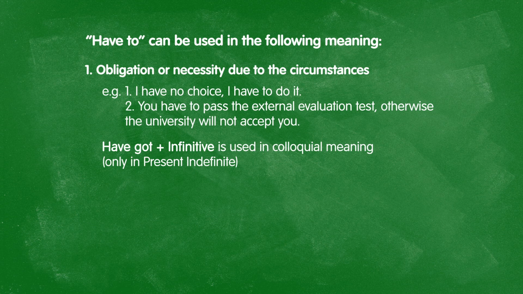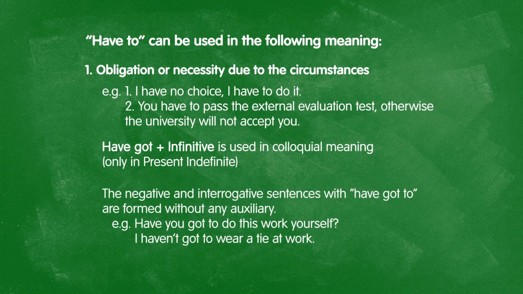Now, negative and interrogative sentences using have got to are formed without auxiliaries, and this is a very important point that I want to emphasize. If you are using have to in a negative statement or a question, you need an auxiliary verb.